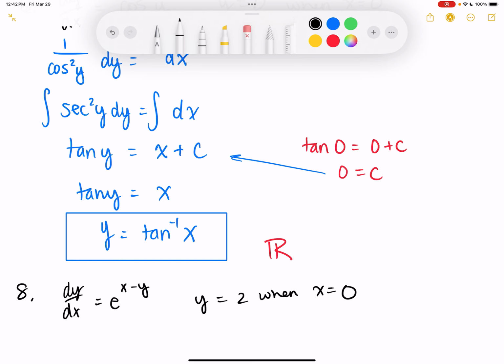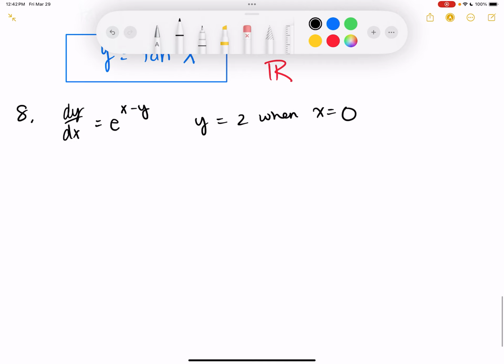Now, what is technically my first step with these problems? Yeah, so I need to get the x terms on one side and the y terms on the other side. Any idea how I can do that given this particular situation?